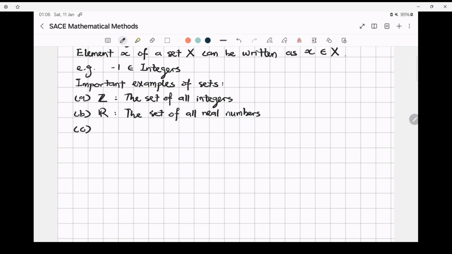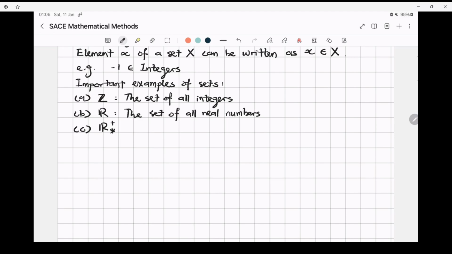The third and fourth examples are somewhat ambiguous, because in different books you can find different definitions. The definition that you definitely won't get confused by is this notation: the weird R letter with a plus on top and a star at the bottom.